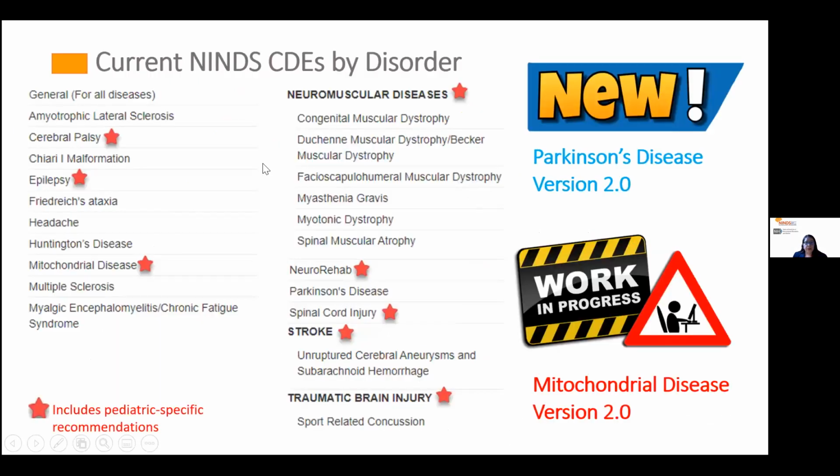So this is the list of all the disorders that we have already developed. The ones that have a red star have pediatric CDEs. We recently published the Parkinson's one last year. It's a revised version. It has a beautiful digital technology group with very good guidance on that area. And then we're currently working on mitochondrial disease.